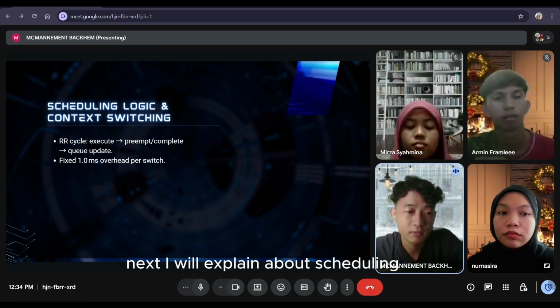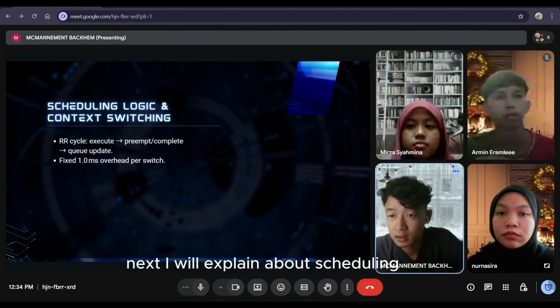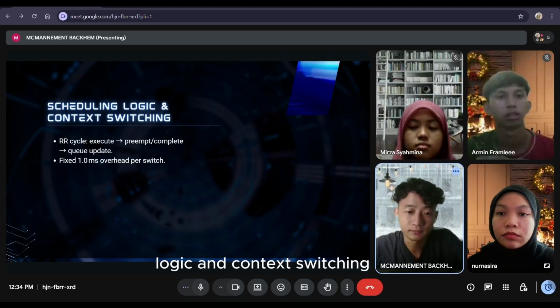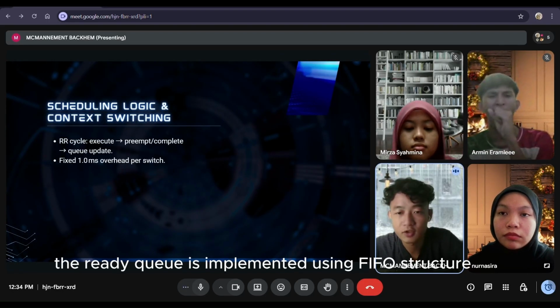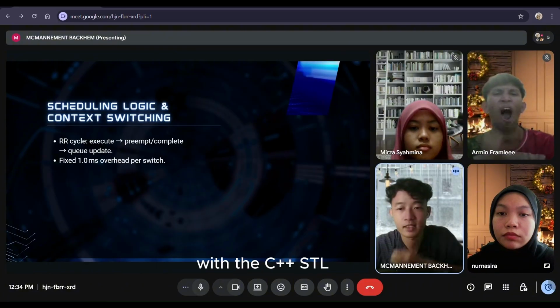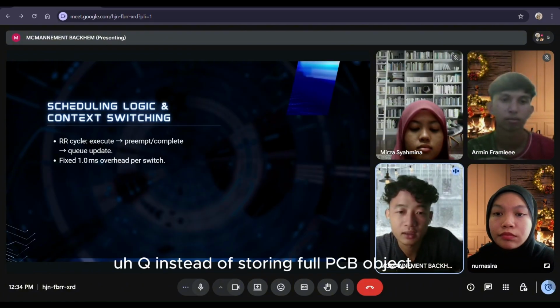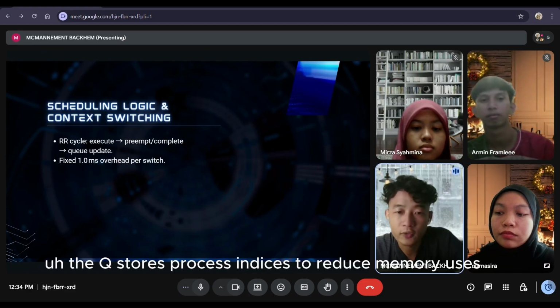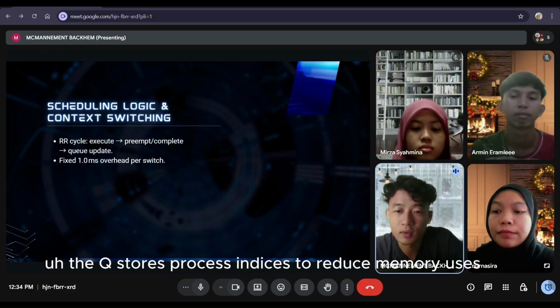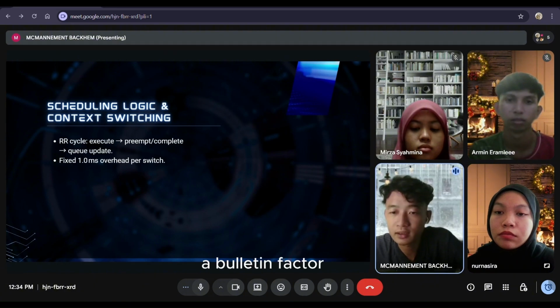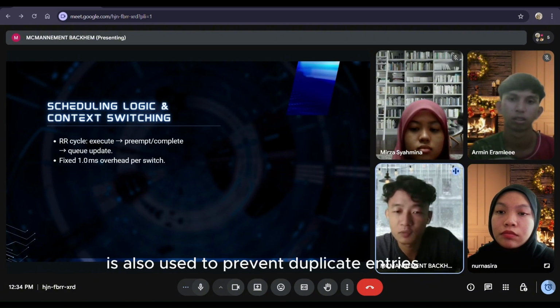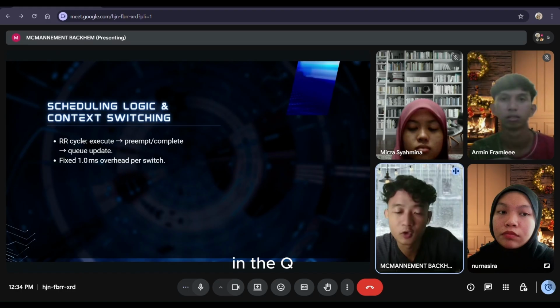Next, I will explain about scheduling logic and context switching. The ready queue is implemented using a FIFO structure with the C++ STL queue. Instead of storing full PCB objects, the queue stores process indices to reduce memory usage. A Boolean vector is also used to prevent duplicate entries in the queue.